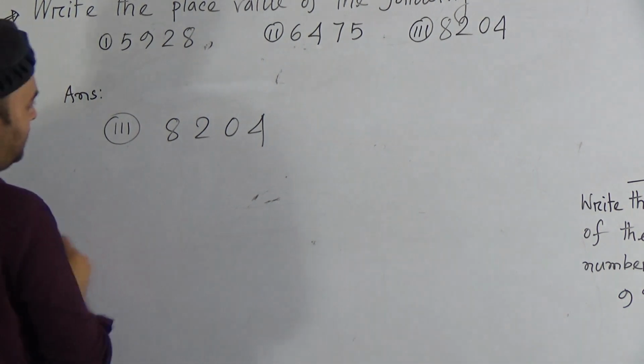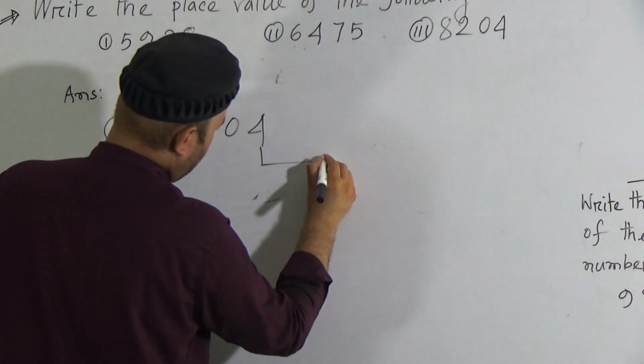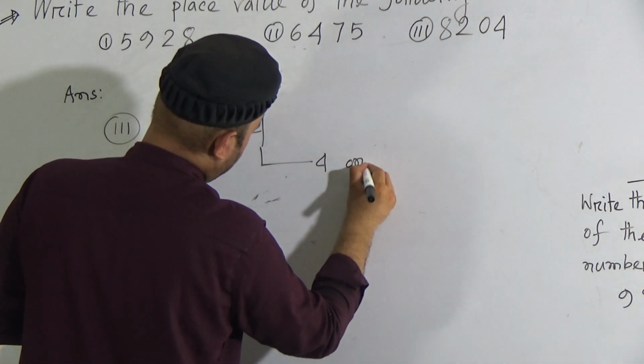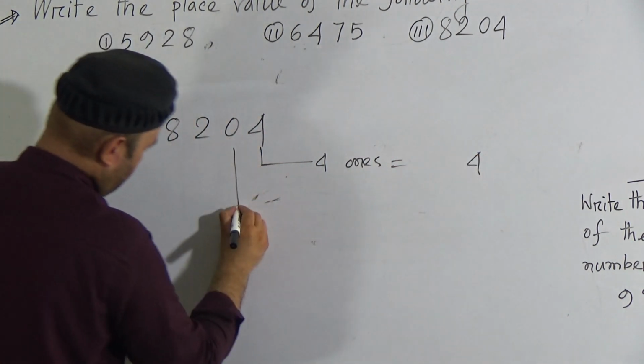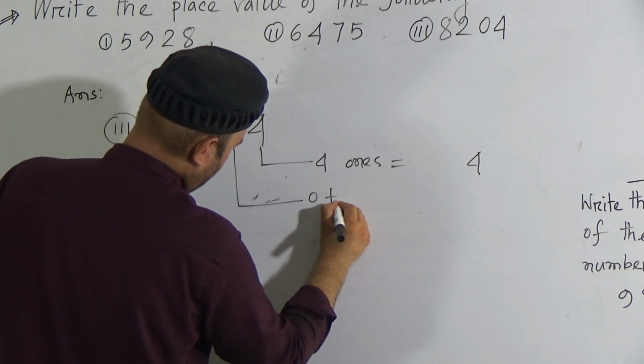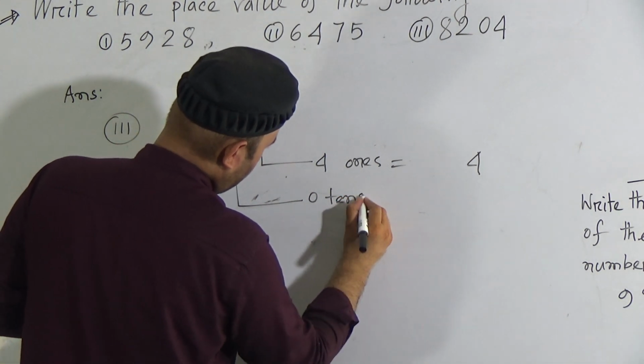8,204. That means 4 is here ones place. 4 ones equal 4. 0 tens. 0 tens, tens zeros are 0.